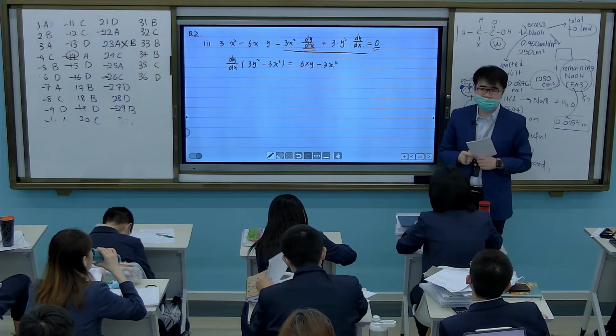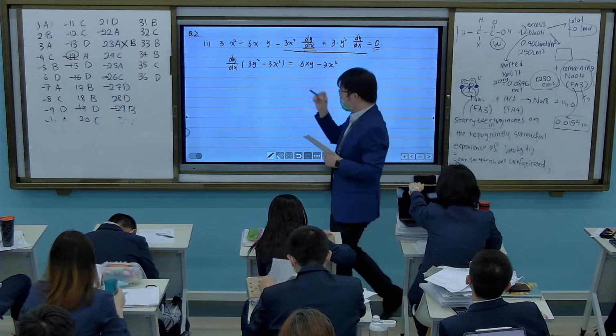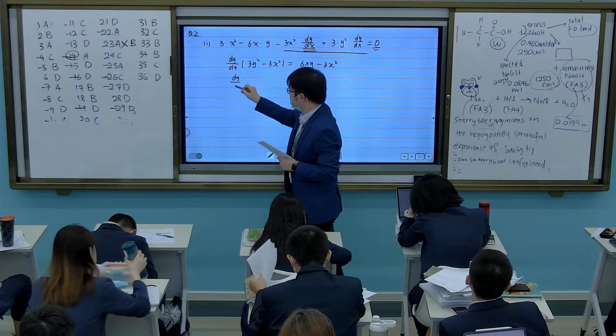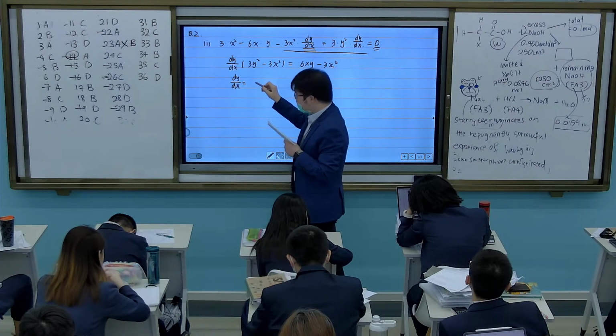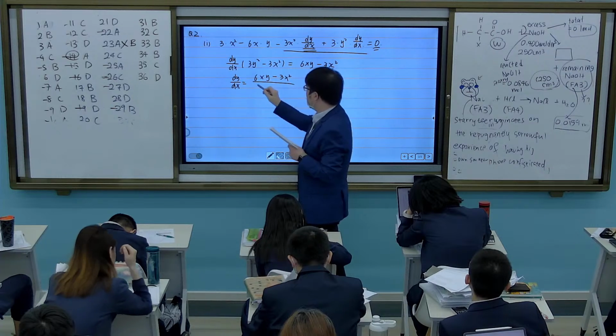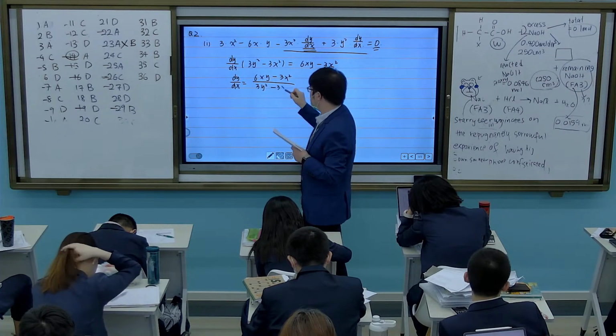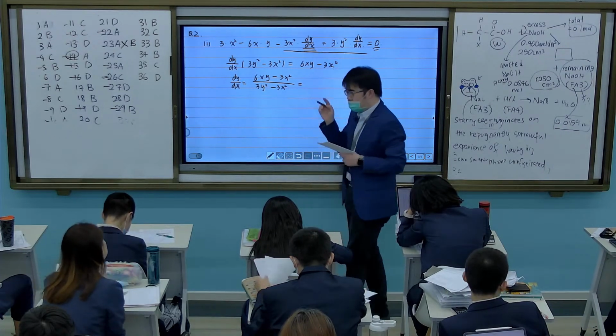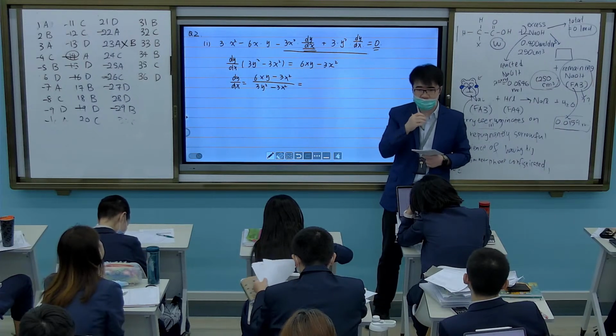So followed by dy over dx equals 6xy minus 3x squared, divided by 3y squared minus 3x squared. Just cancel the common factor, which is 3.